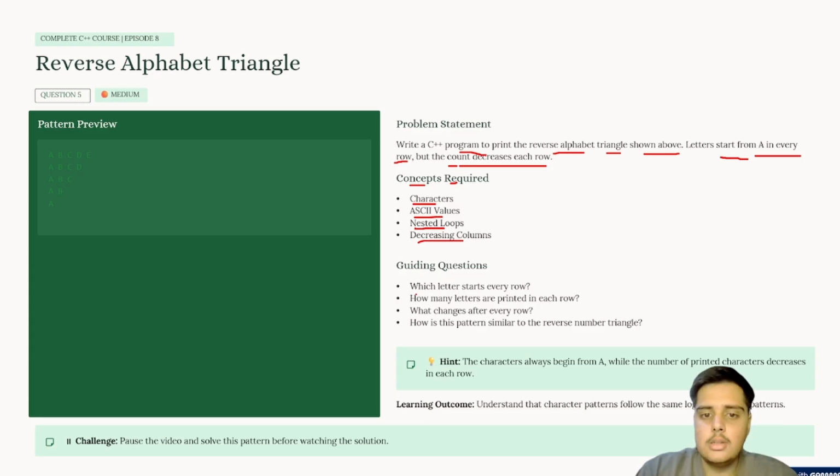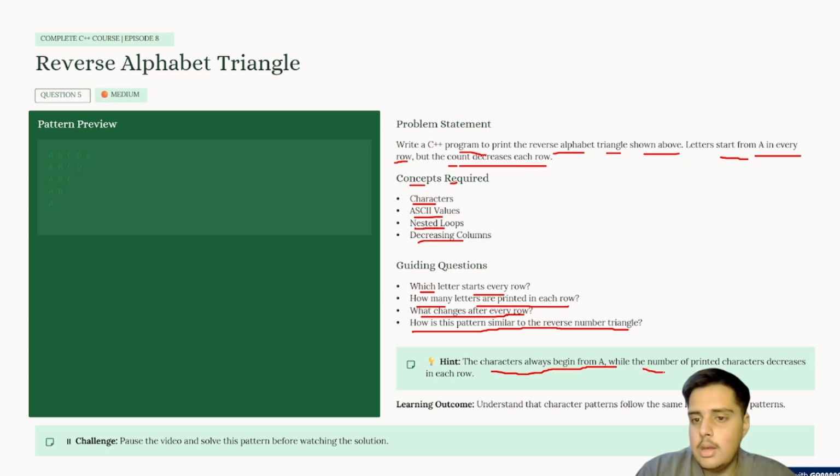Guiding questions are like which letter starts every row, how many letters are printed in each row, what changes after every row, and how is the pattern similar to the reverse number triangle. Hint for you is the character always begins from A, while the number of printed characters decreases in each row. Understand that character patterns follow the same logic as number patterns.